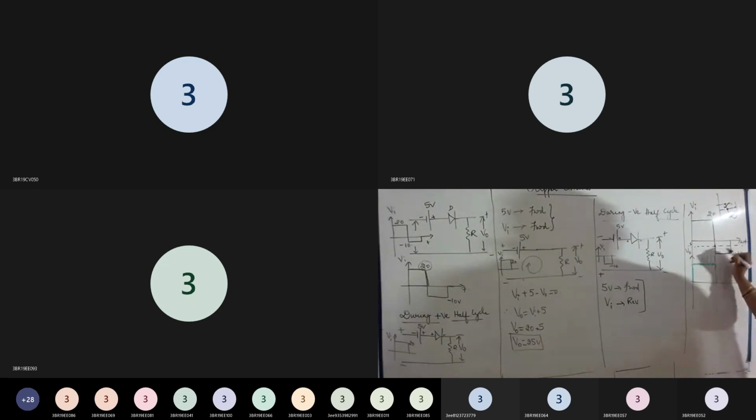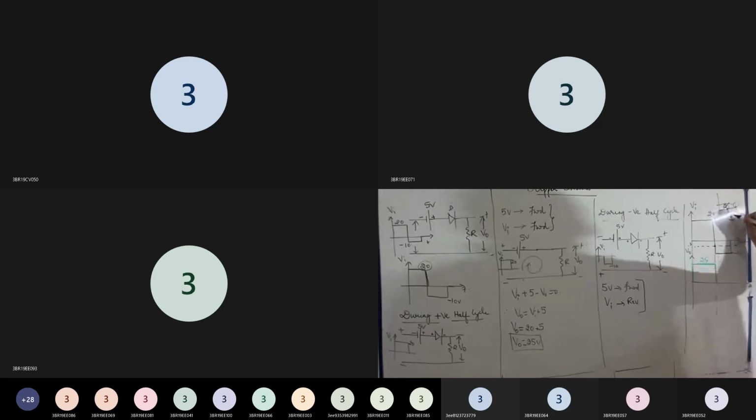This 5 volt is constant for the entire negative half cycle and 10 volt is also constant for the entire negative half cycle. Every time during the negative half cycle, 10 is more negative than 5 here. Agree? If it is a square wave, no need to take the different regions.